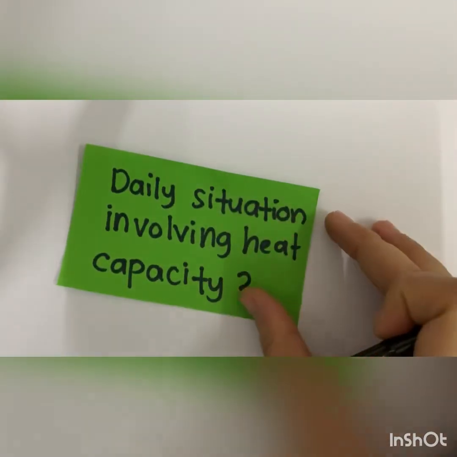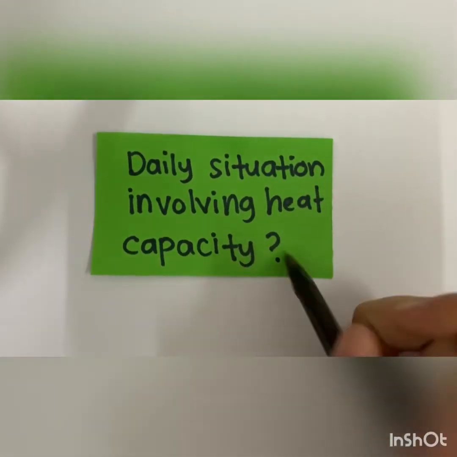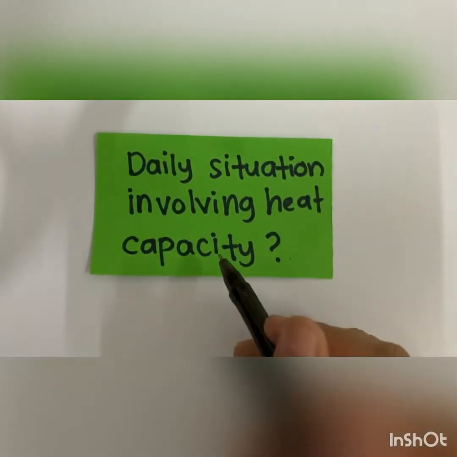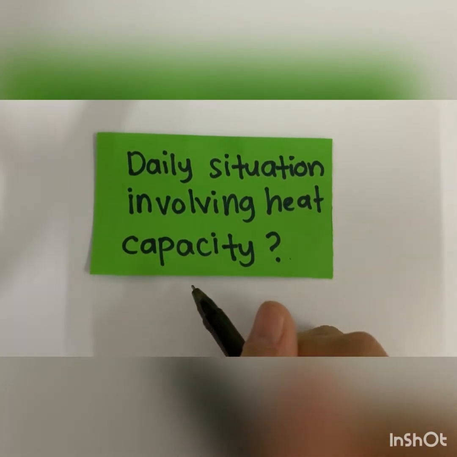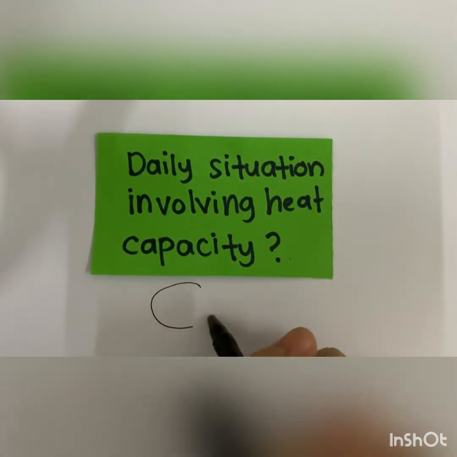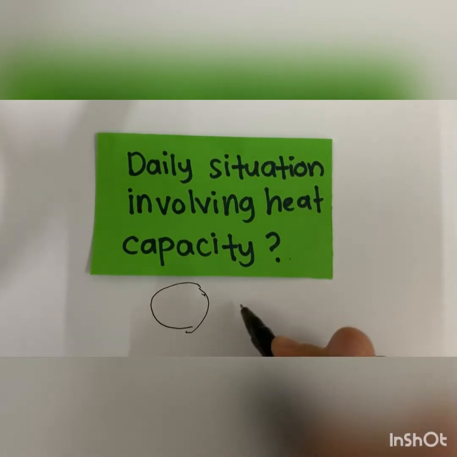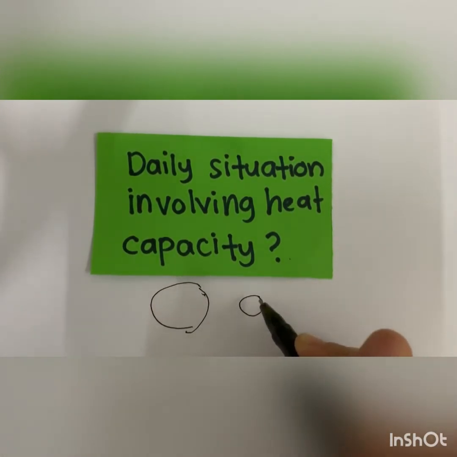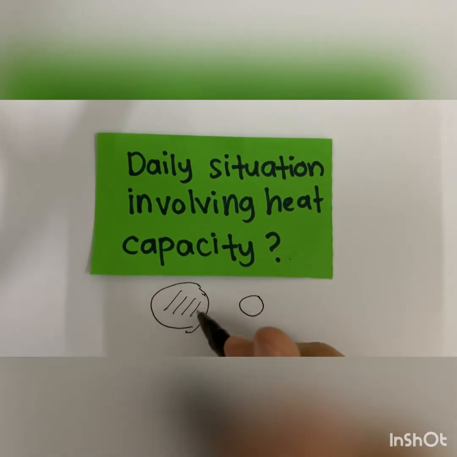So what is a daily situation involving heat capacity? For example, your mother cooks soup, and then you put the soup into 2 different sizes of bowl. One is a very big bowl, and one is a smaller one. Let's say you leave them on the table for 5 minutes.